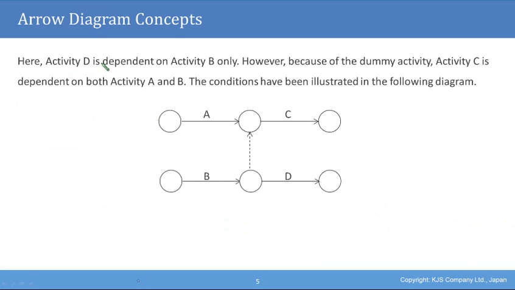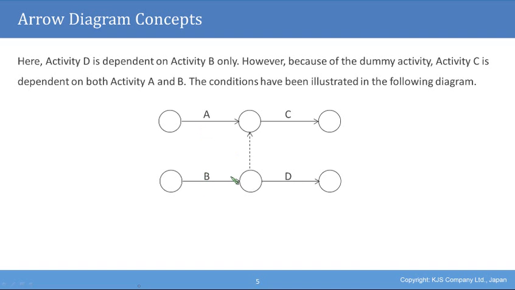Here, activity D is dependent on activity B only. However, because of the dummy activity, activity C is dependent on both activity A and B. The conditions have been illustrated in the following diagram. You can see how, first of all, we begin with process A and B independently occurring.